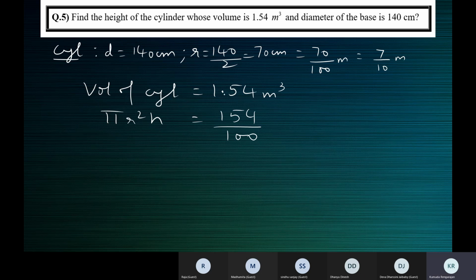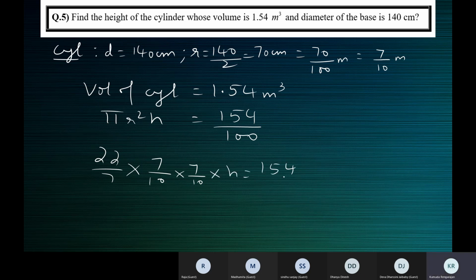We are getting rid of this decimal point, 154 by 100. So 22 by 7 into radius, which is in meter, 7 by 10 into 7 by 10. Volume is in meter cube, radius is in meter. And why 154 by 100? To get rid of the decimal point. Into h is what we have to find.